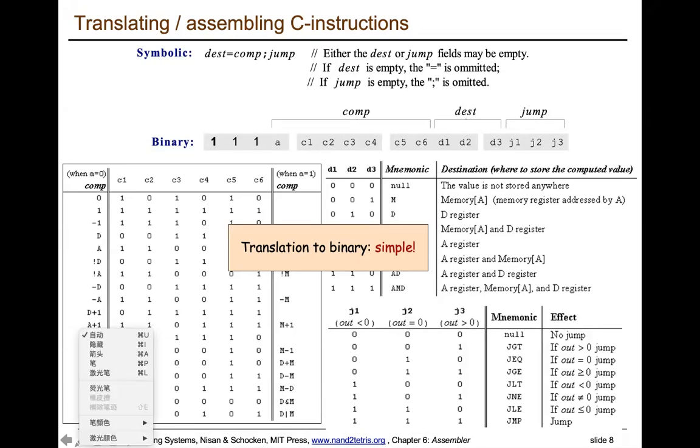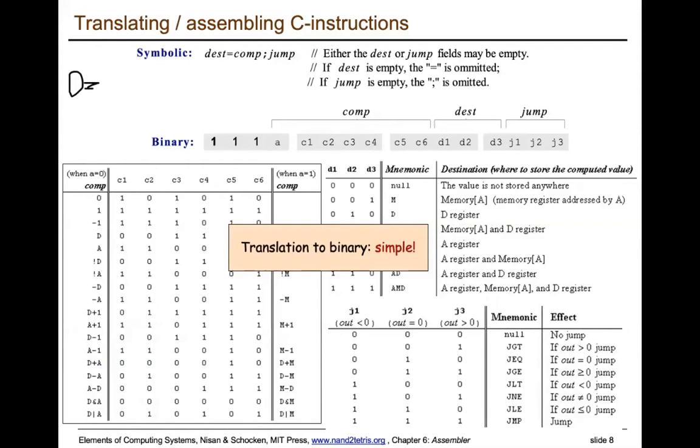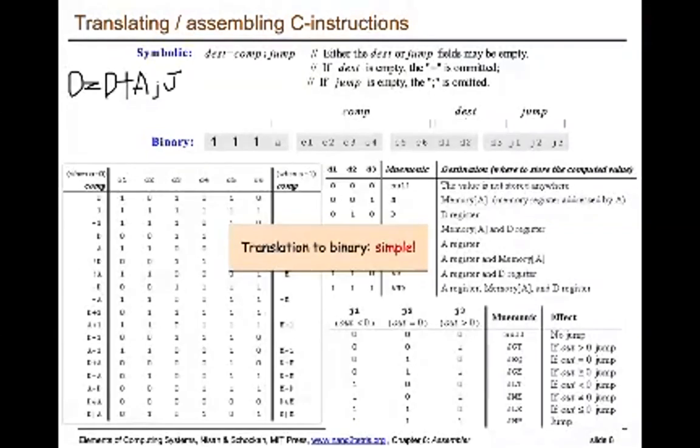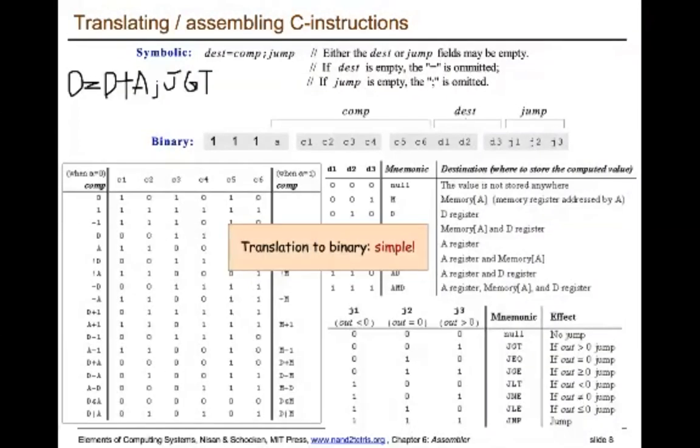Translation is quite simple. How do we do that? Say I want to do D equals D plus A, and jump JGT, greater than.